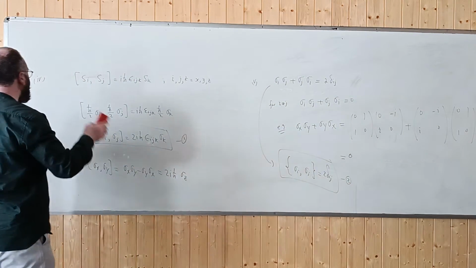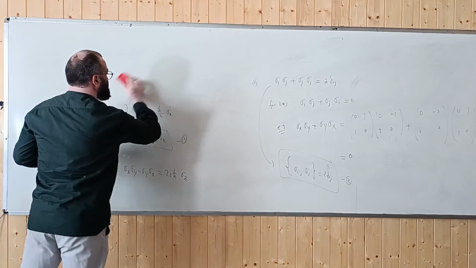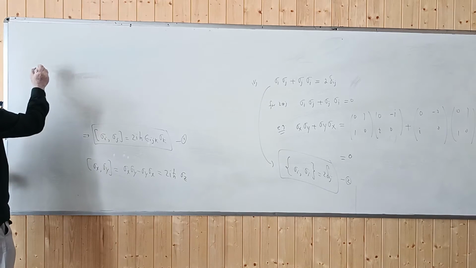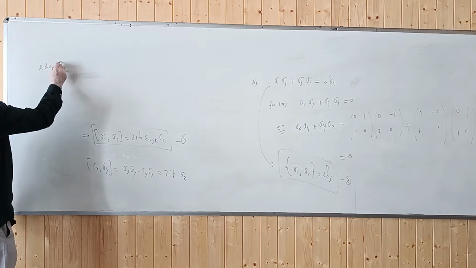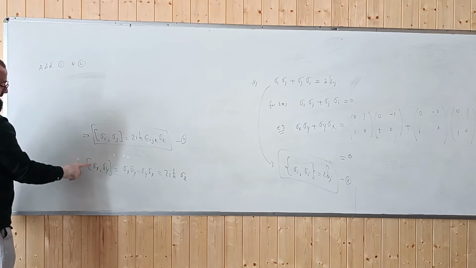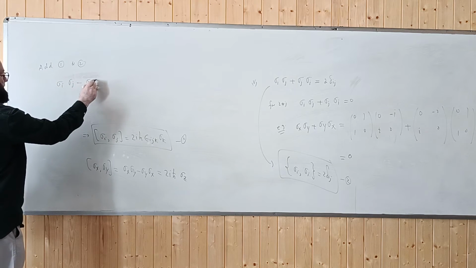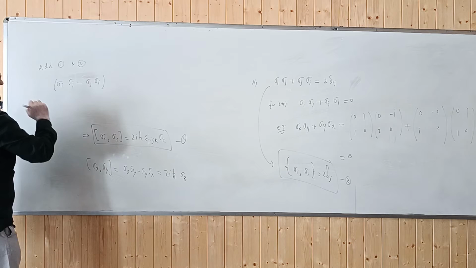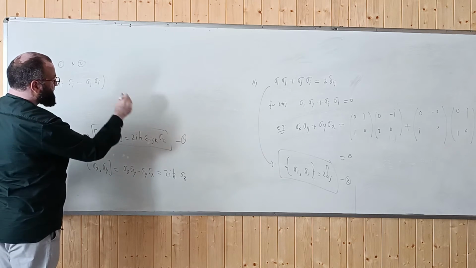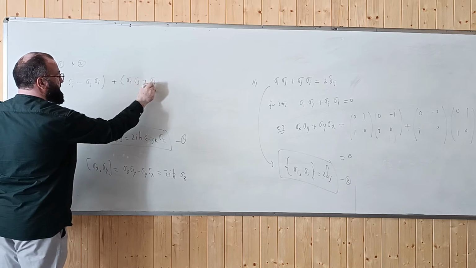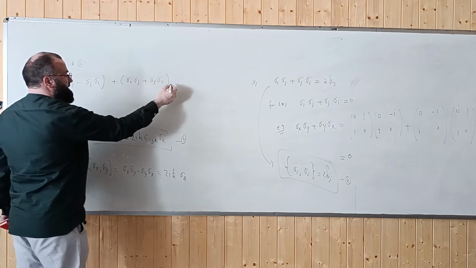Okay. Now let's add first and second. So you are having sigma i sigma j minus sigma j sigma i. Then add from here: sigma i sigma j plus sigma j sigma i. So what is that equal to?